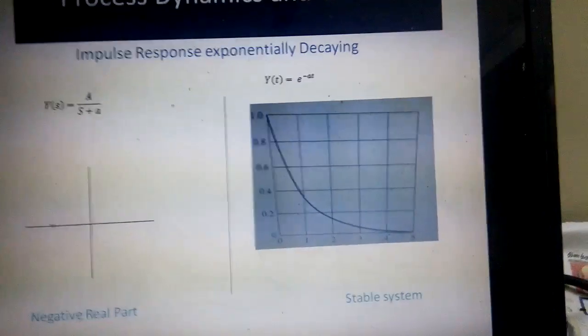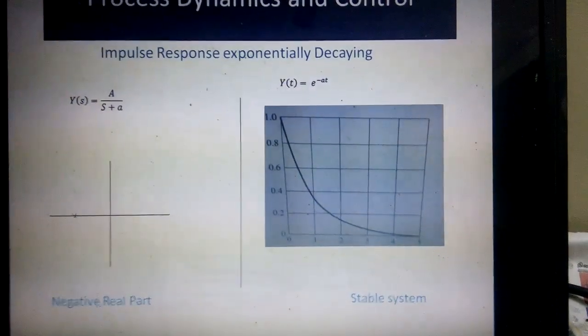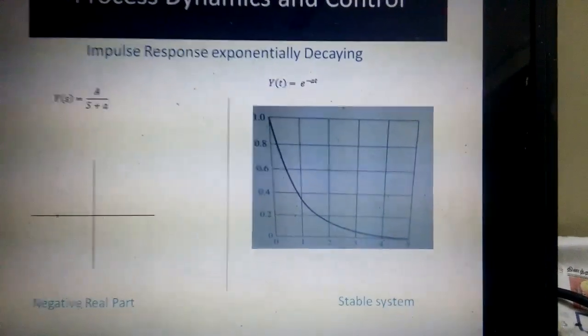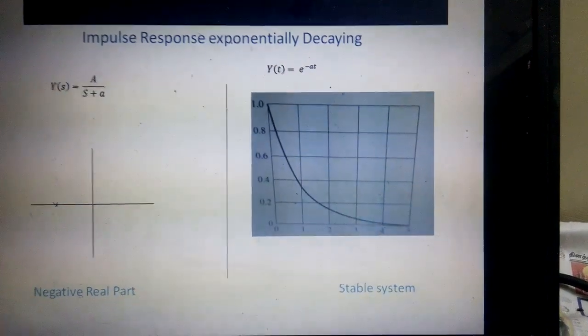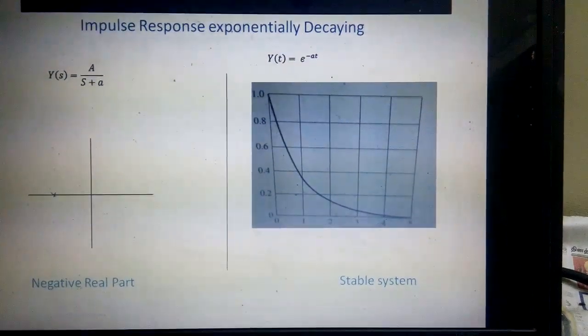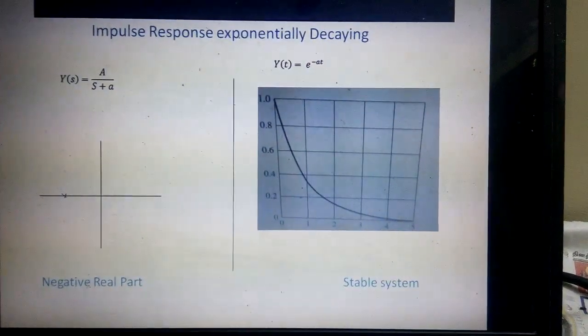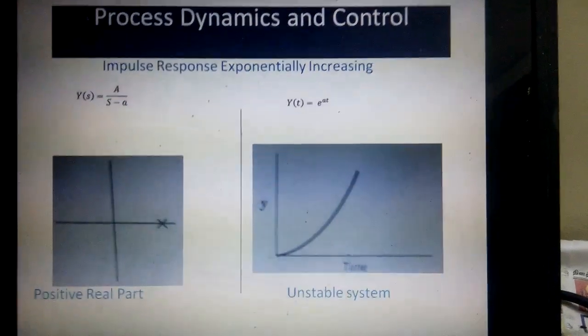The response is exponentially decaying as e^(-at) is there. It shows that for all values of t, it lies between 1 and 0. Therefore, the response is bounded, and we can say the system is stable.